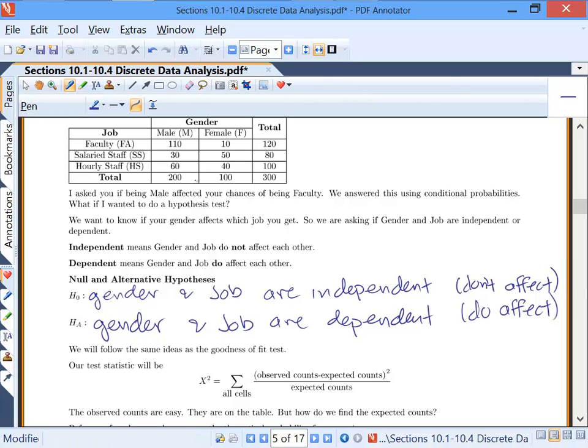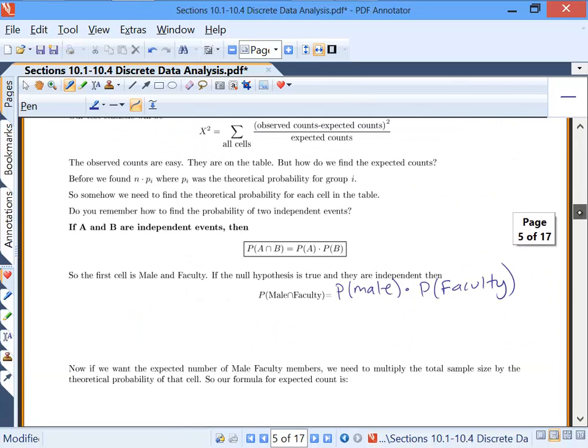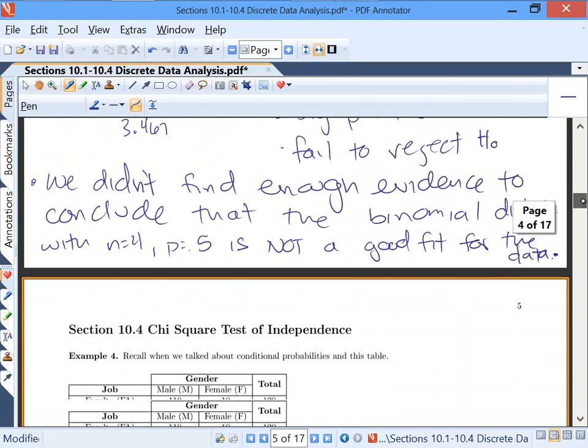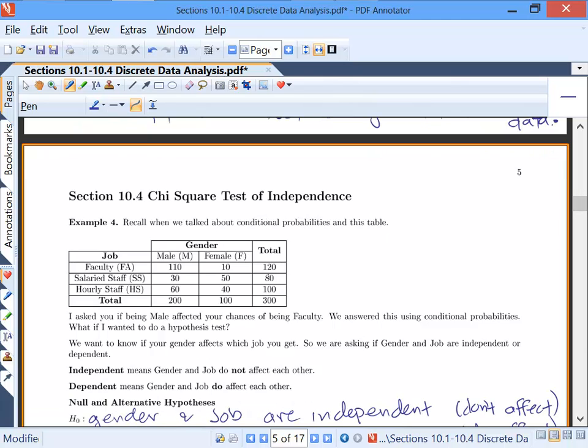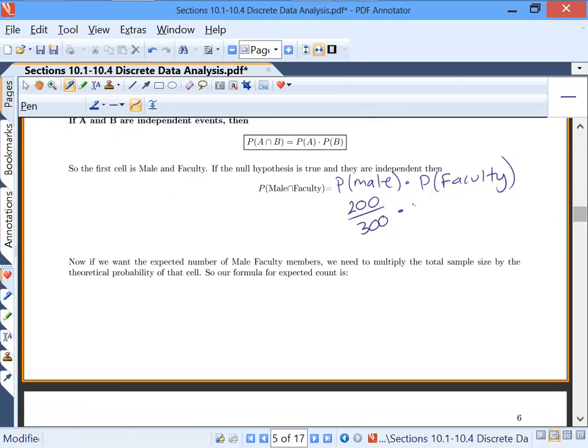There were a total of 200 males out of 300, so the probability of them being male is 200 out of 300. So this is 200 out of 300 times, now the probability of faculty, there are 120 faculty out of my total of 300, so we have 120 out of 300.